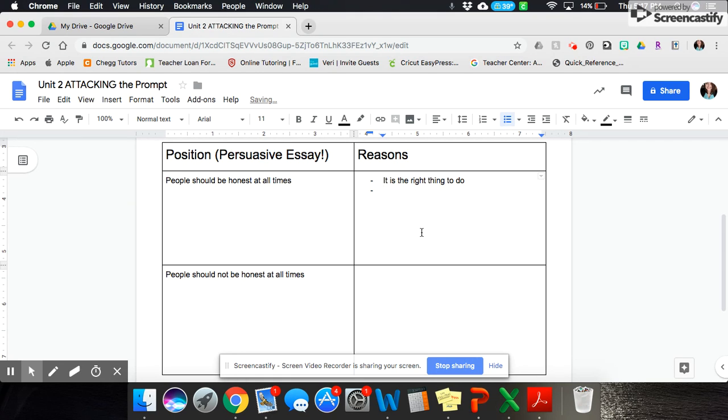I also believe that being honest at all times is the best option because it can keep you out of trouble. Finally, I think being honest at all times is the best option because it can earn a person respect. People like people who tell the truth.